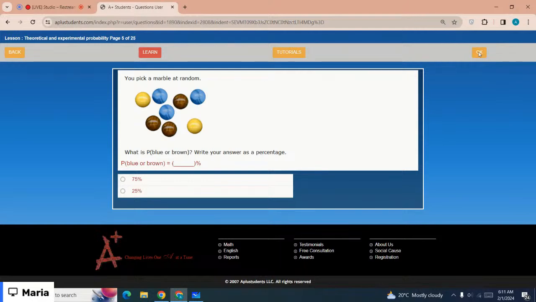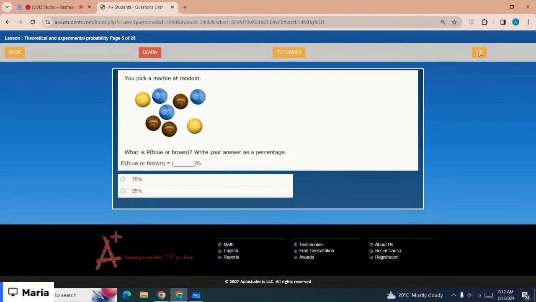The next one is you pick a marble at random. What is the probability of blue or brown? Write your answer as a percentage. So, which is the correct option? So, you have three marbles that are blue and three marbles that are brown. So, you need to calculate the probability of blue or brown.